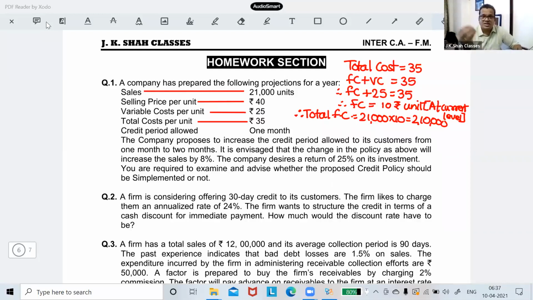But guys, see, take a simple understanding, common sense that you run your business in one shop. One shop rent is 15,000 rupees, let's say. So whether you sell one unit or 10 units or 50 units or 100 units, fixed cost will be 15,000 only.